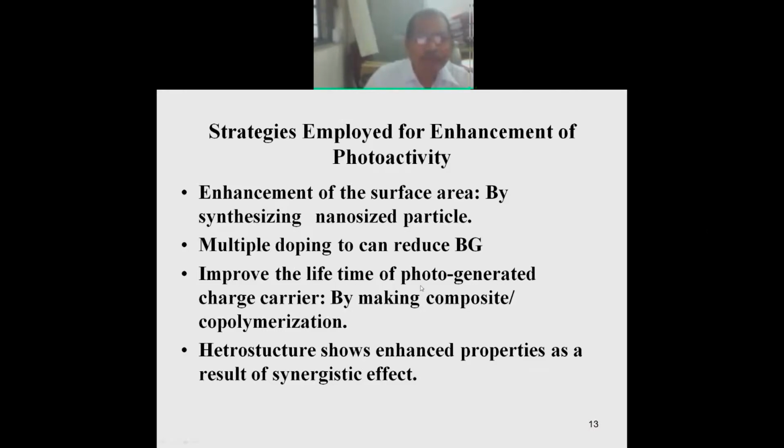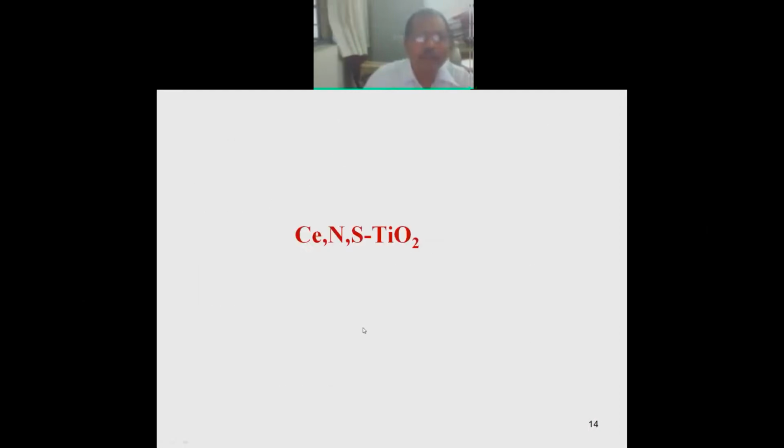Improve the lifetime of photogenerated charge carriers by making a composite or a copolymer, and a heterostructure shows enhanced properties as a result of synergistic effect. Now we have seen earlier that TiO2 anatase is basically UV active, and its band gap is 3.02.